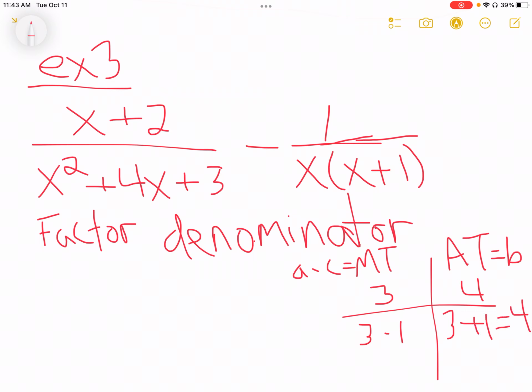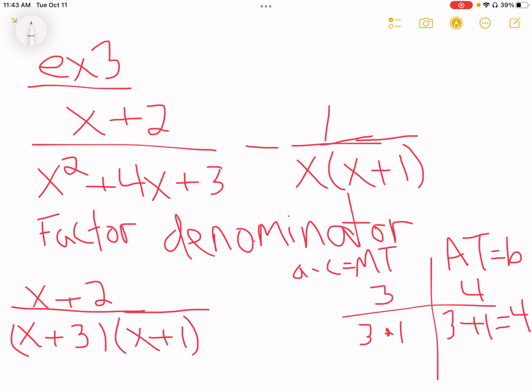So now I can just write this first term like that, right? x plus 2, and then x plus 3, this is multiplied by x plus 1. And then I say minus 1 over x times x plus 1.